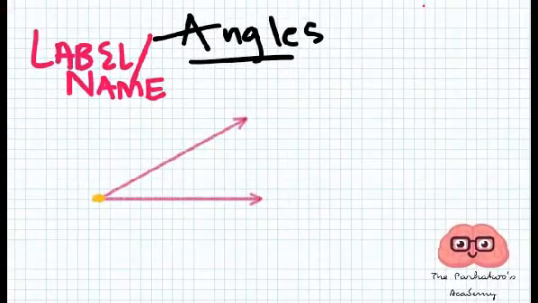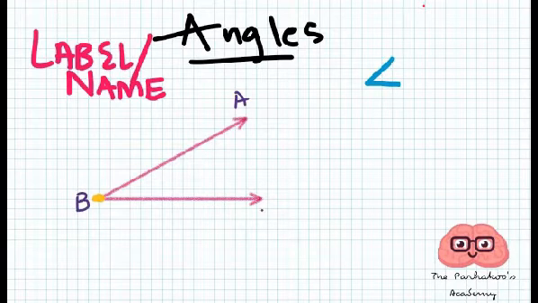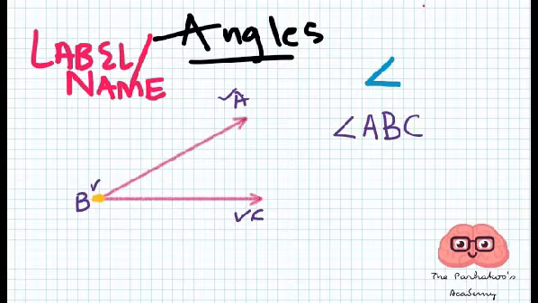So let's see how we can label or name an angle. This is the way we represent an angle, right? It can be named by using capital letters like A, B, C. So we can label it angle ABC. This is one of the ways.